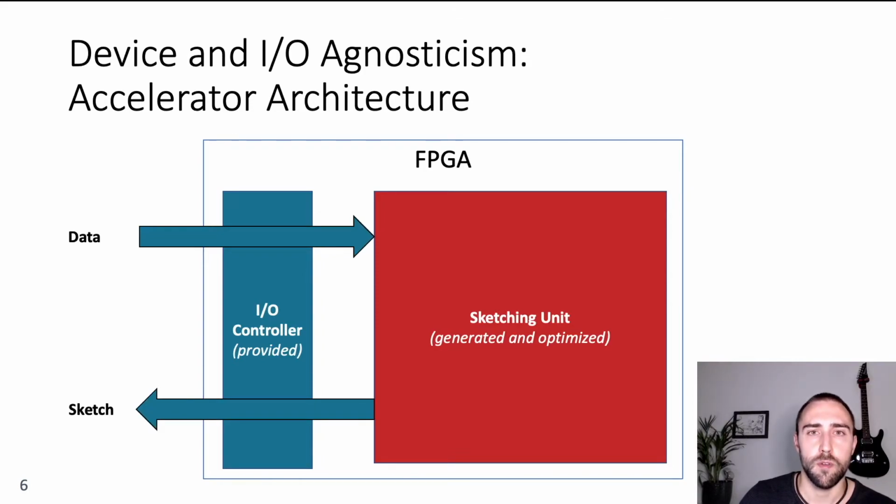Furthermore, it is responsible to expose the state of the sketch summary to the outside world. This hardware is highly specific to the device and interconnect used, thus the I/O controller has to be provided by an expert. However, I/O controllers can be used and reused for different algorithms and for different projects.